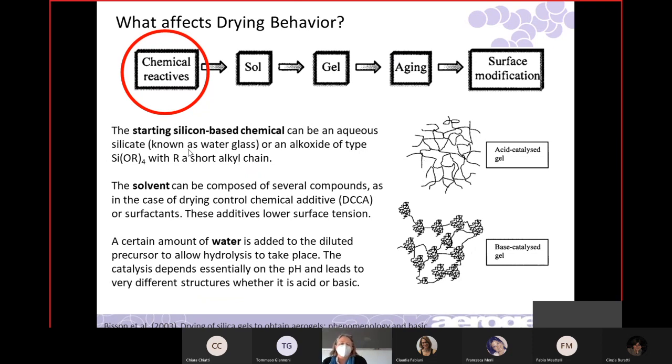Your solvent, again, remember she talked about adding the alcohol and the water. It can be composed of several compounds, and so sometimes people will use what's called a drying control chemical additive, DCCA, or some sort of surfactant.